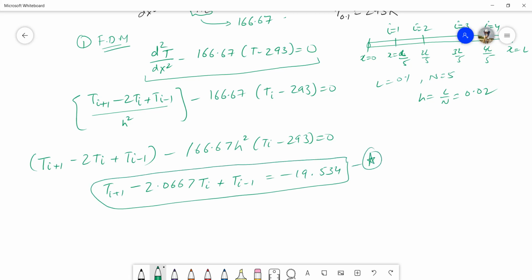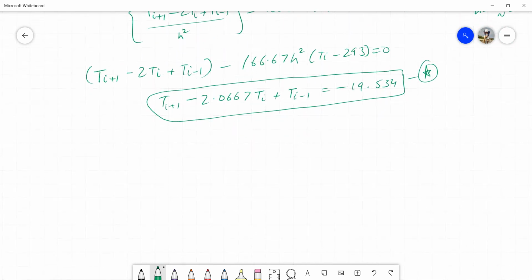So this is our main equation. Now we put i equal to 1. So we have T2 minus 2.0667 T1 plus T0 equal to minus 19.53, and T0 is given as how much? 290, oh sorry, 473.